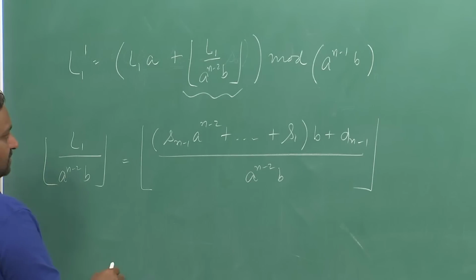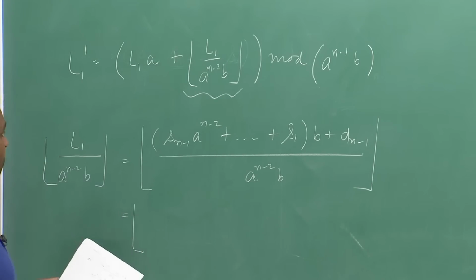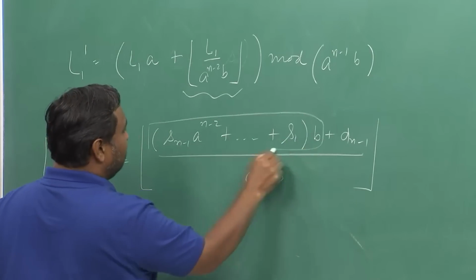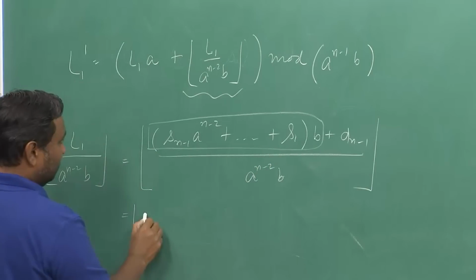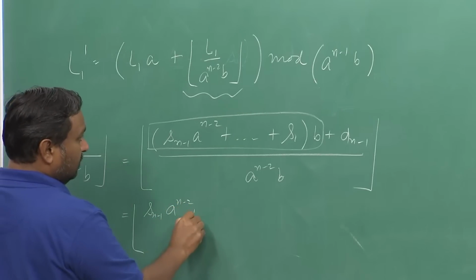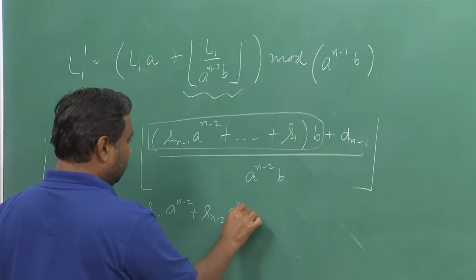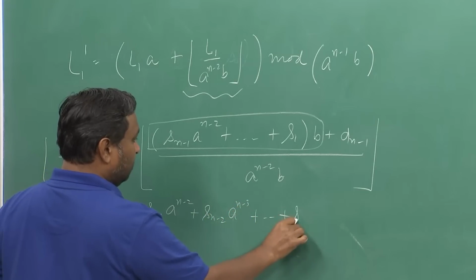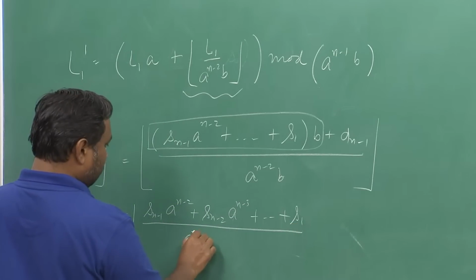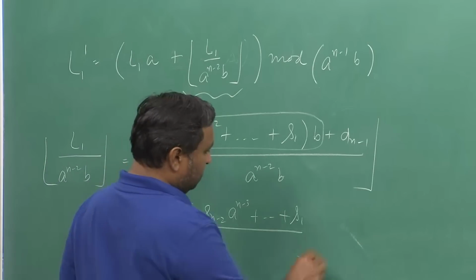So, when I do this, I still have to keep the floor function first. So, if I am going to look into this particular thing, B will cancel, I will divide by A raised power n minus 2, in fact S of n minus 2 A raised power n minus 3, okay plus.